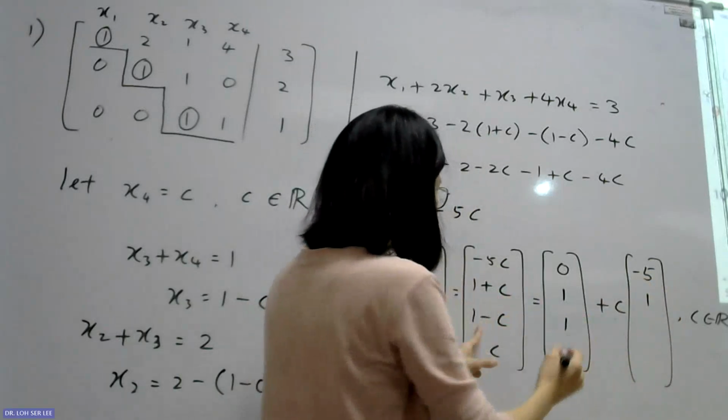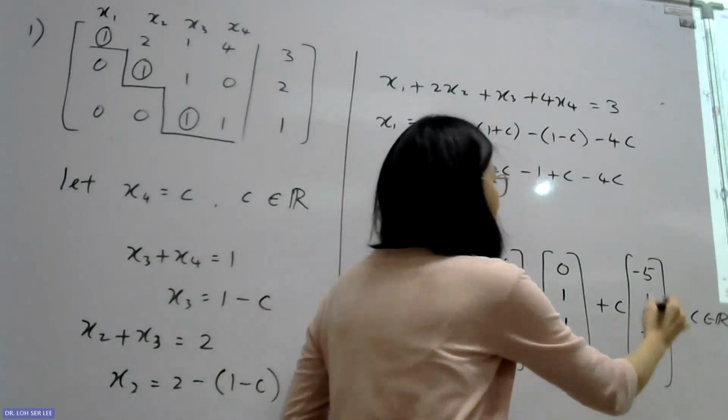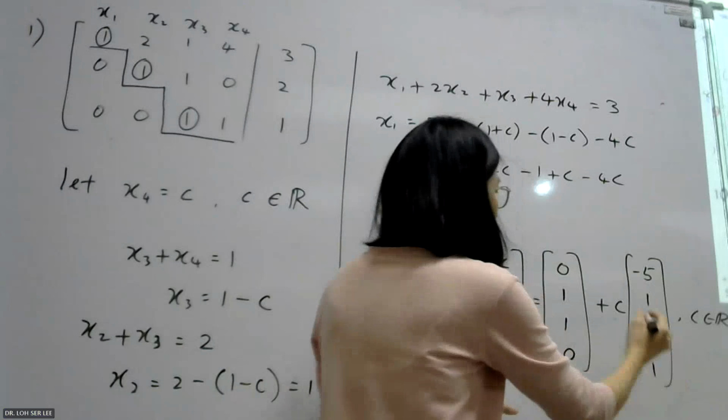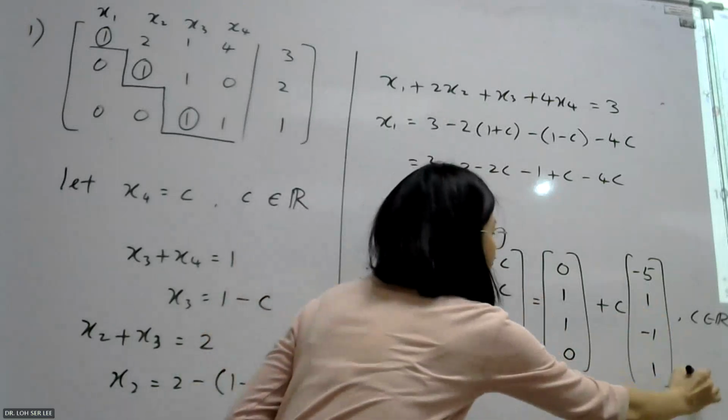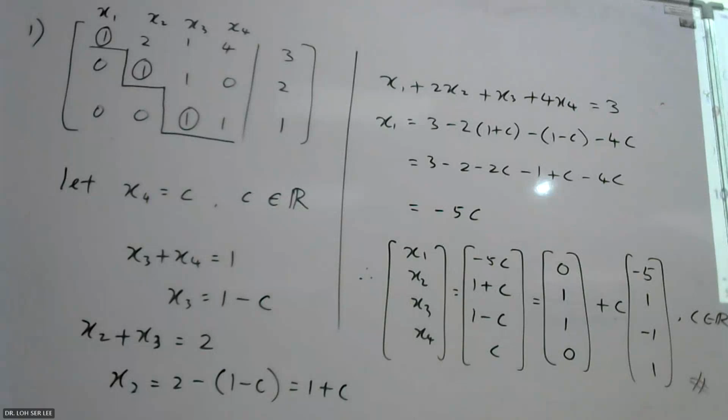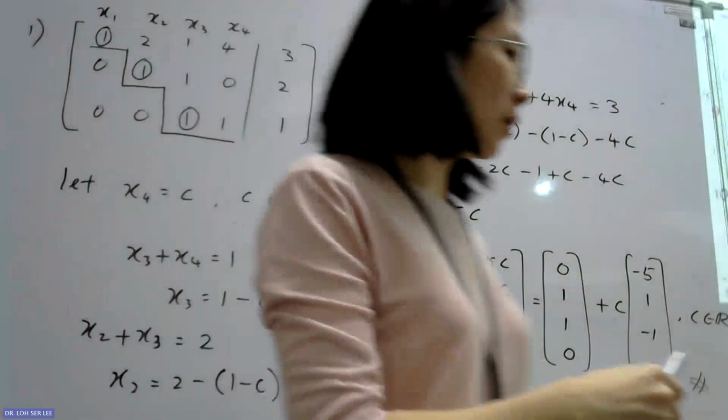And this one, the coefficient of C is -1. And this one, C, so 0, 1. Okay, any questions?